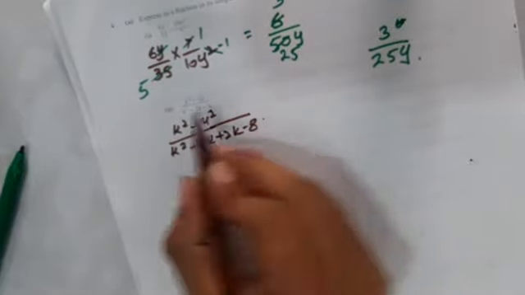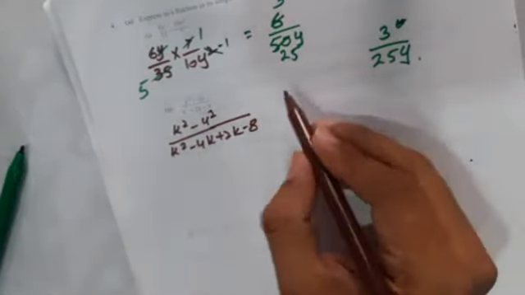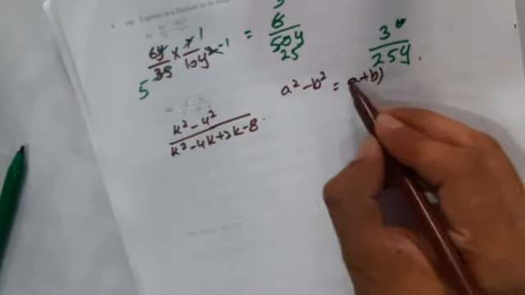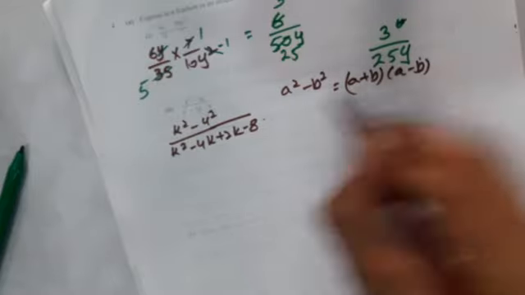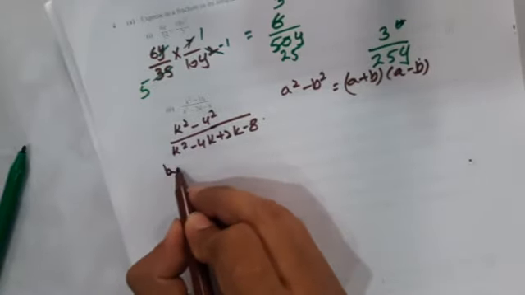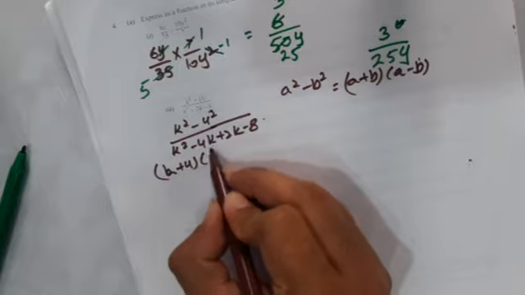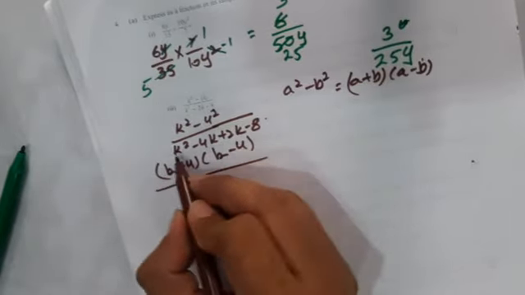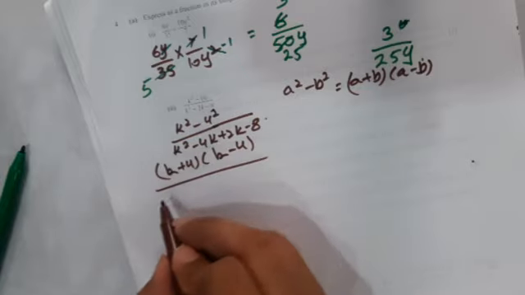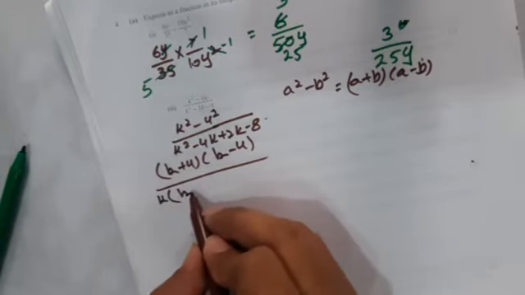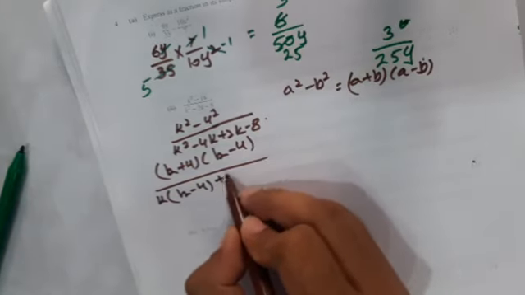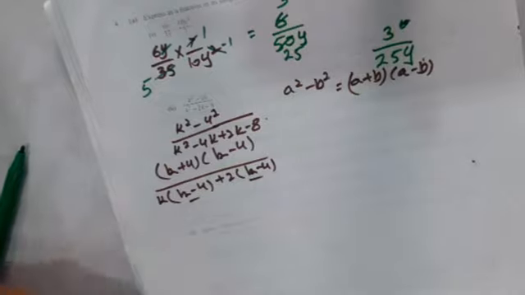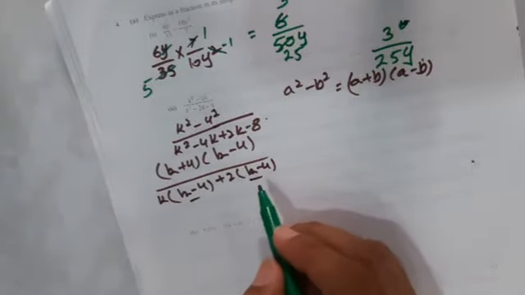Okay, the numerator is the third identity, which is a square minus b square equal to a plus b into a minus b. So this will become k plus 4 into k minus 4 over, we can take common in pairs, we can take k in common between them, so k minus 4. We will take 2 common, this will become k minus 4. If these two factors are the same, it means your factors are right.